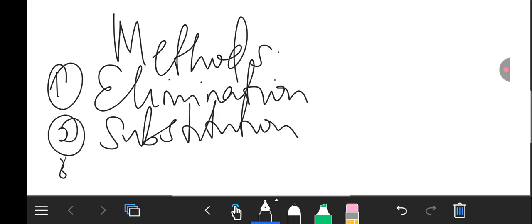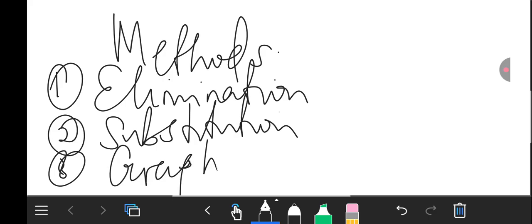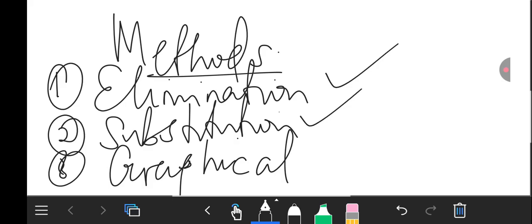You can also use the graphical method. This is at your level, but when you advance, there's also Cramer's rule and the matrix method, but those are not your things at the moment. Okay, let's concentrate on the elimination and substitution.